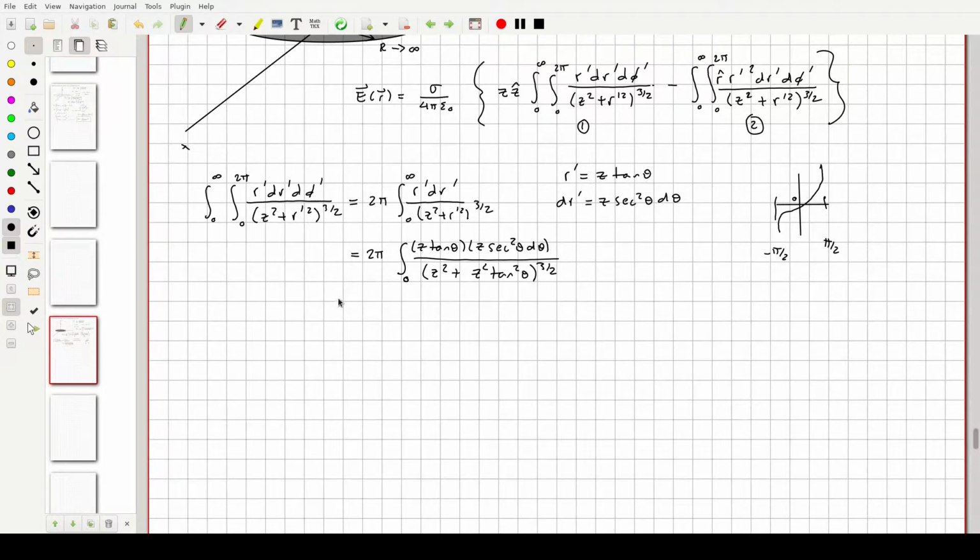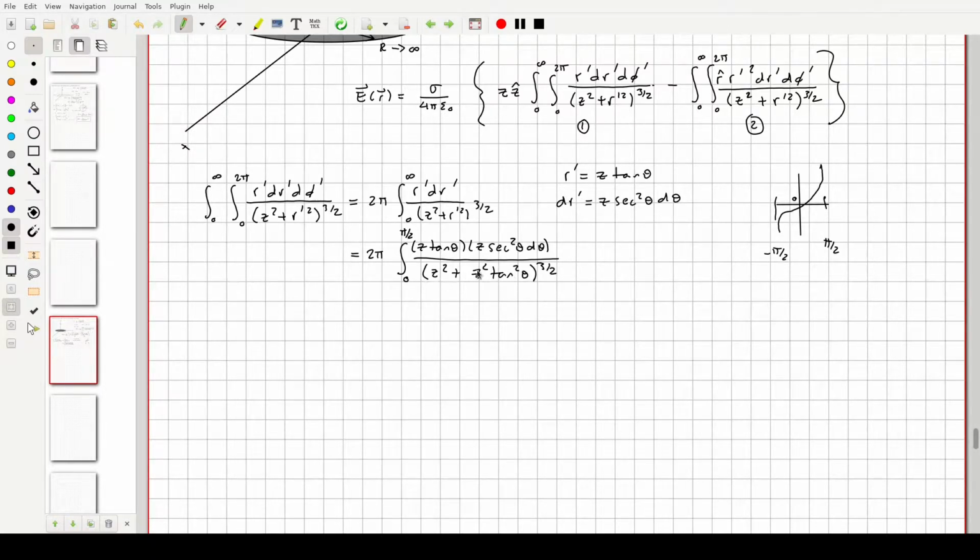So our bottom limit doesn't change. What does change is our top limit. Tangent of theta goes to infinity at pi over 2. So if I were to plug in pi over 2 here, that's what I would get. Okay? So when this is equal to infinity, you can divide the z through. Z goes into infinity, gives you infinity left over. Your angle still is going to be pi over 2. Okay, so there's our limits.